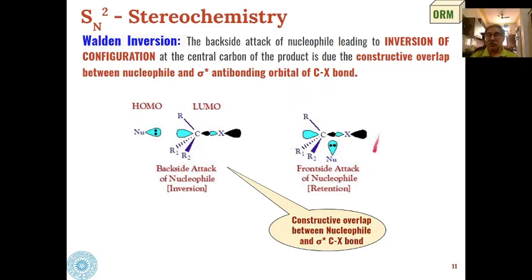So that is why the front side attack in SN2 reactions is not possible, hence retention of configuration is not possible, because the possibility of a constructive overlap is only there from the backside of the molecule. Then inversion will take place, and such an inversion is called Walden inversion.